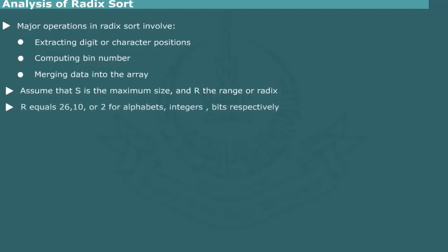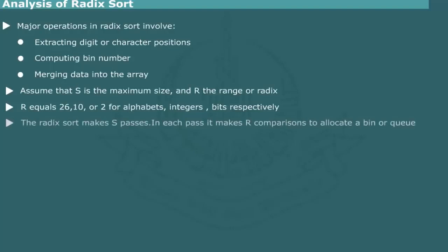R would equal 26, 10, or 2 for alphabets, integers, and bits respectively. The radix sort will make S passes. In each pass, it would make at most R comparisons to allocate a bin. It would, for instance, check if a particular queue is empty.